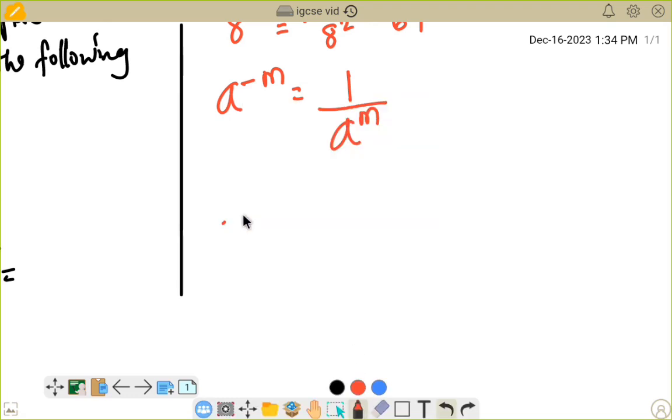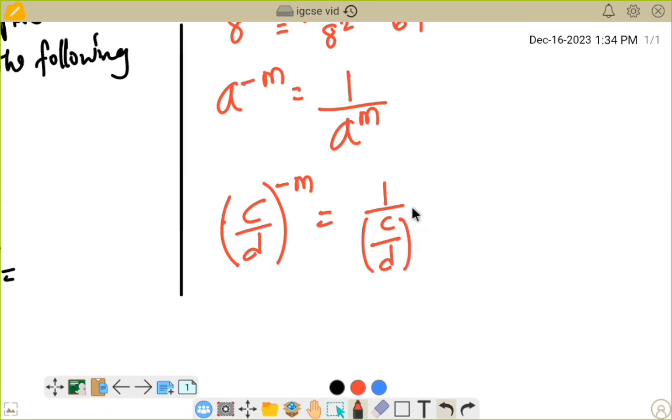You have c divided by d, and you raise it to a negative power like minus m. Now to remove this negative sign, you write 1 first, then over c over d, raised to the power m. And this expression is the same thing as d all over c raised to the power m.